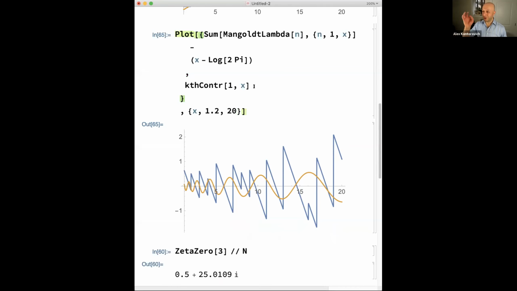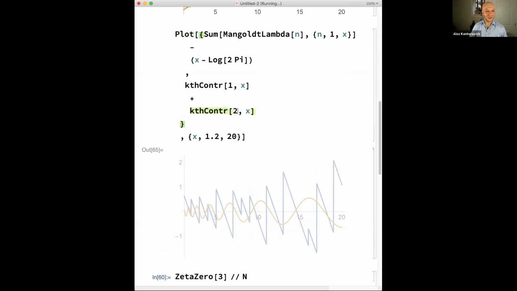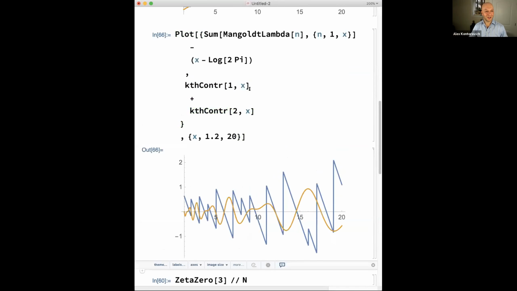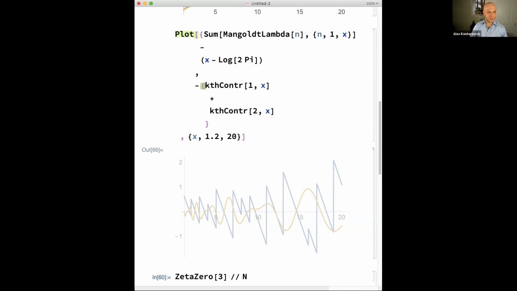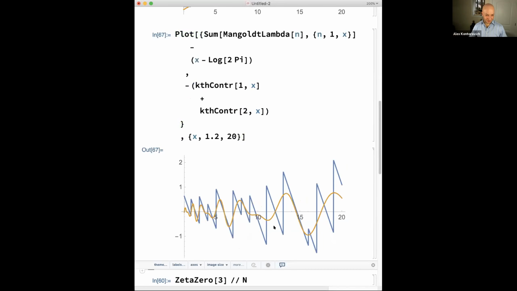So that's the zero at 14i. You see what I'm doing? And here's the zero at 21i. And here's the zero, let's see. This thing minus this thing will be the negative of these zeros. That's a little better.